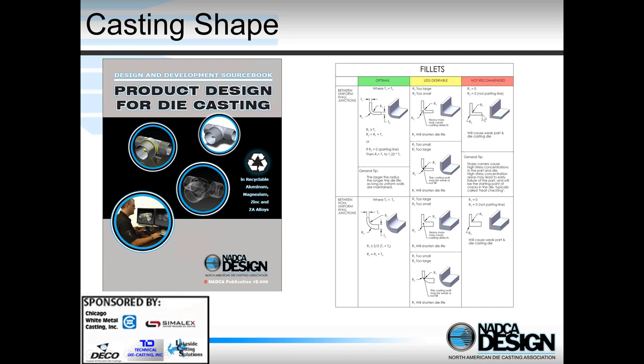So here's a quick look at fillets. Here's a really bad design. It's not recommended because you've got sharp corners on it. Well, we've rounded the corner, but now we've designed a heavy section into it, and therefore that's less desirable. Optimal design here is where we've got uniform wall thickness on both sides of the corner as we go around the fillet.